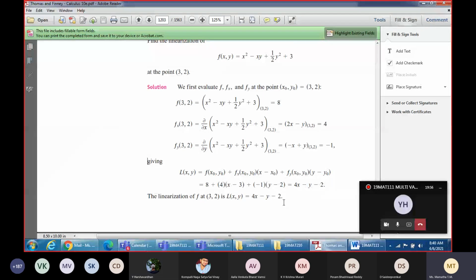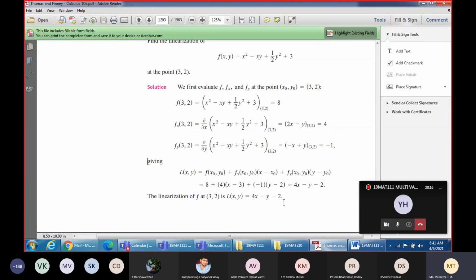Right now, I have not started with vector differentiation for you, so I'm not going into detail on this linearization procedure. I'm just dealing with partial derivatives and how they are helpful in the approximation of functions. In detail, we'll discuss it when we start with vector differentiation.